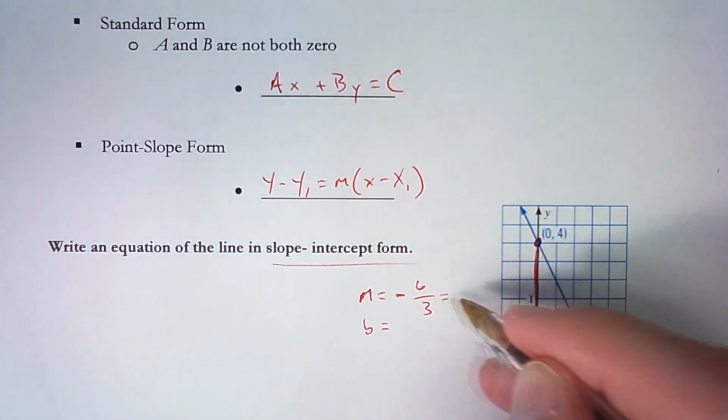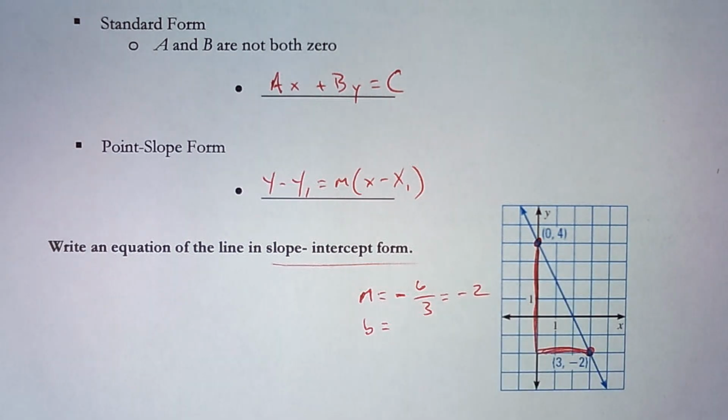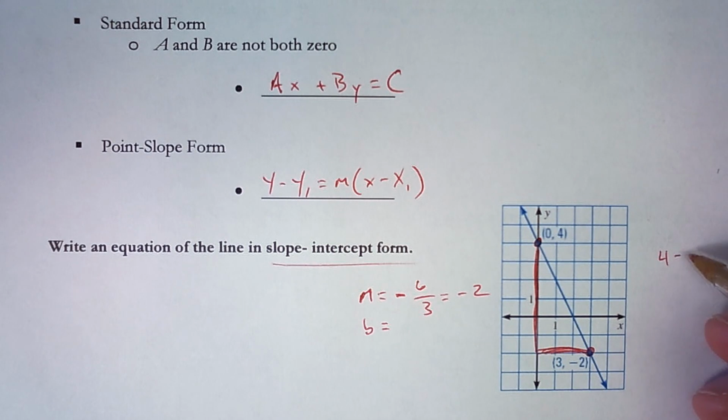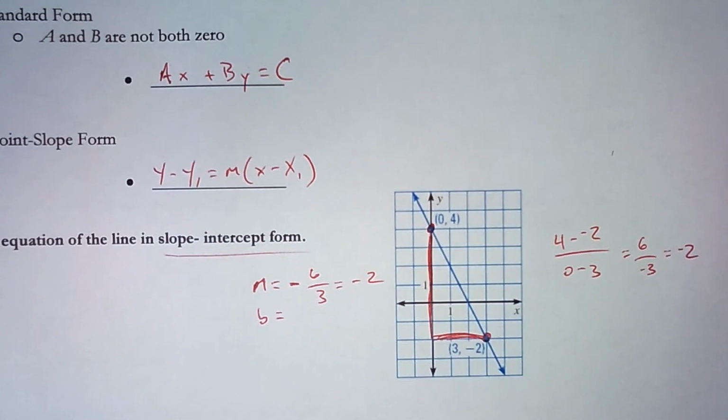So negative 6 over 3, which is the same as negative 2. I could also have used the slope formula, 4 minus negative 2 over 0 minus 3. 6 over negative 3 is negative 2. So I could have done the slope that way as well.